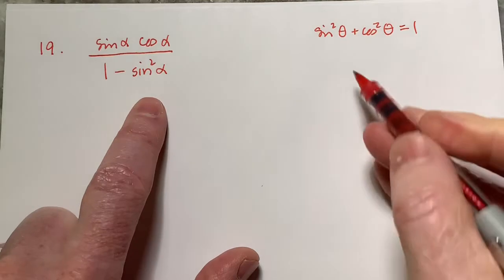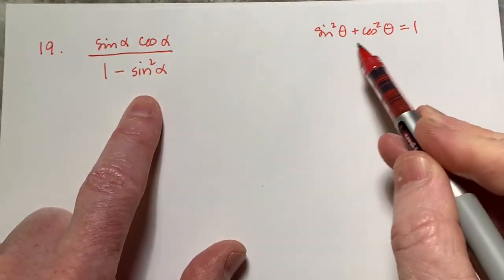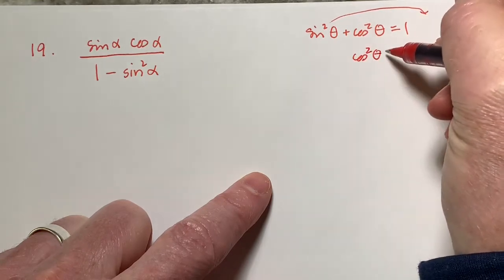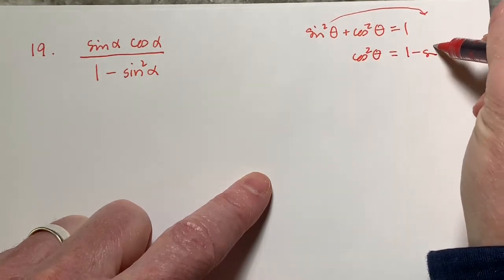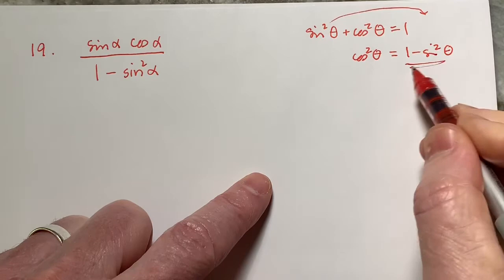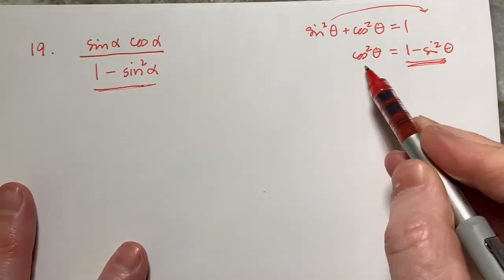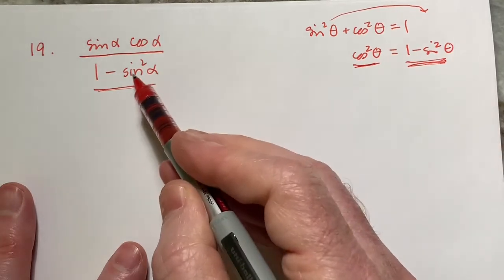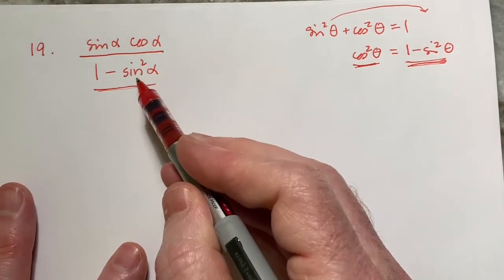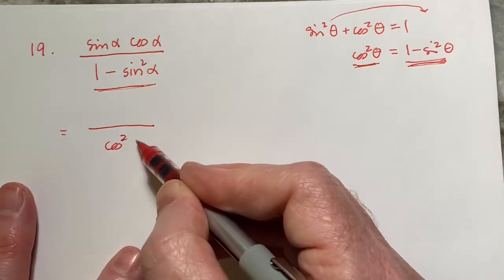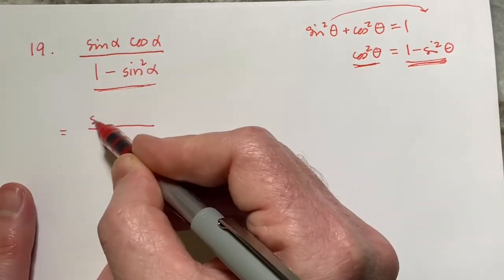If I subtract sine squared from both sides, I get 1 minus sine squared theta. So what would this part be equal to? Cosine squared alpha. So I'm going to rewrite that denominator as cosine squared alpha, and then just drop the numerator down.